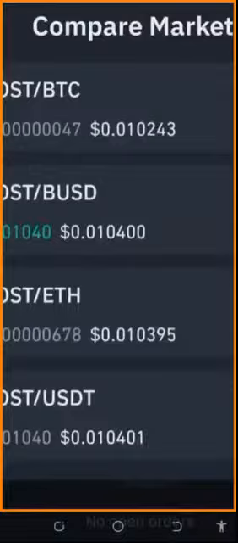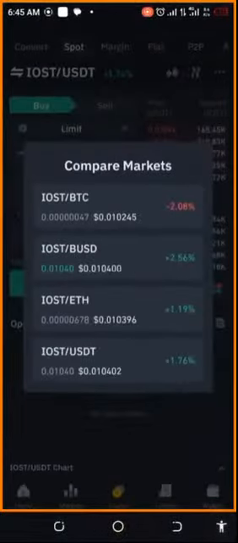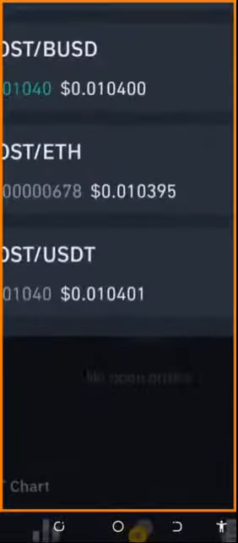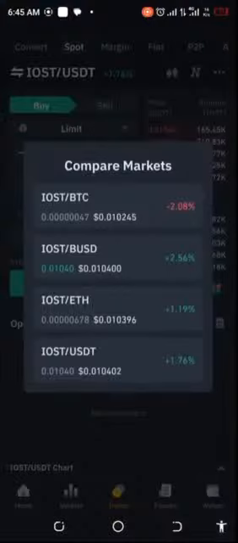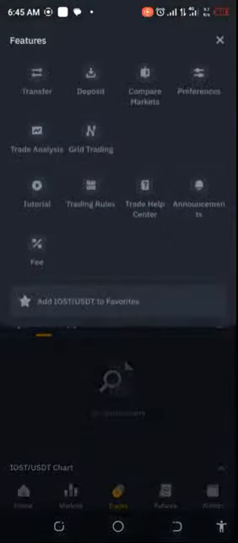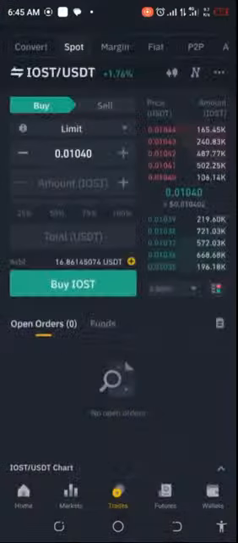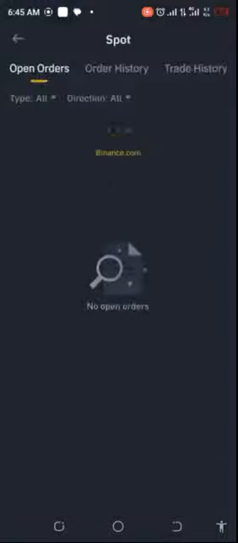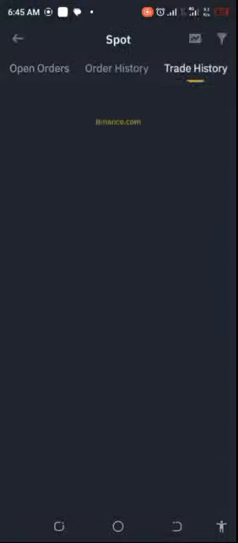At this point, BTC went up a bit, and you can see here that USDT now is 0.0104. Now let's go back and see how much we bought IOST with USDT. Let's see how much that is, looking at the order book one more time so that you understand the concept of the boomerang strategy.